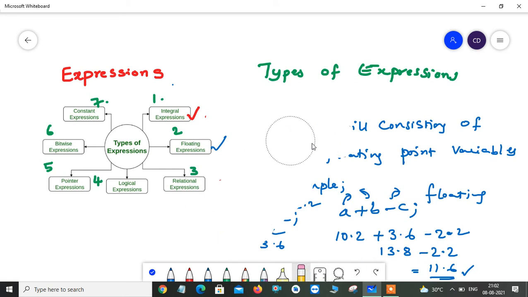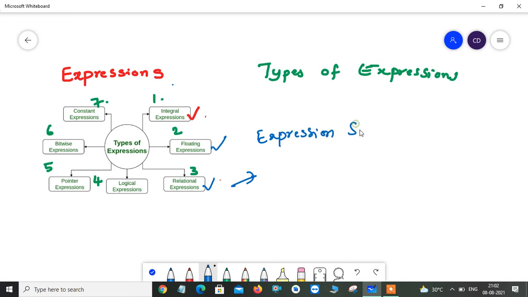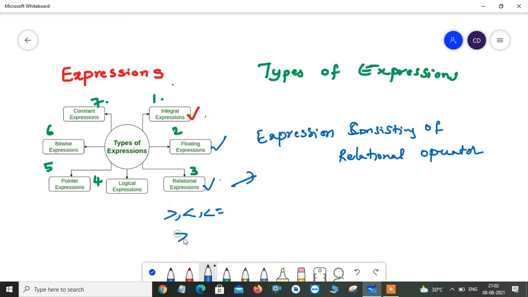And the third one is relational expression. A relational expression is nothing but an expression consisting of relational operators. You can use relational operators like greater than, less than, greater than or equal, less than or equal, equal, not equal.